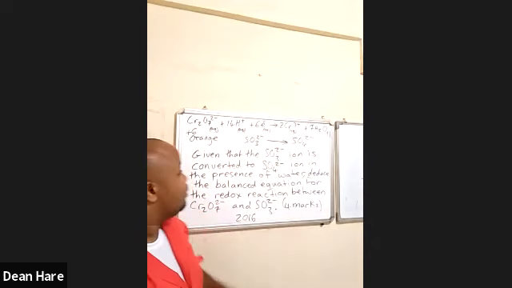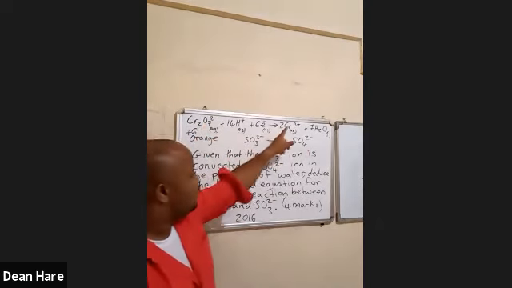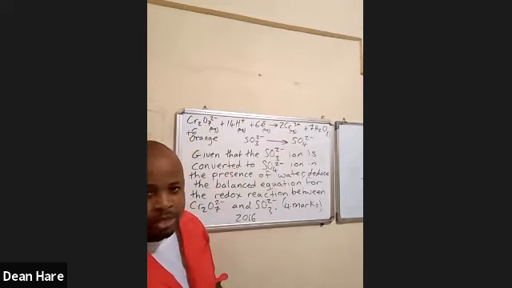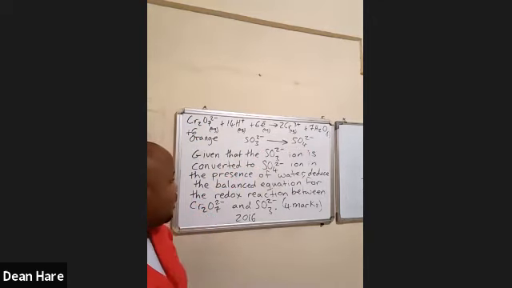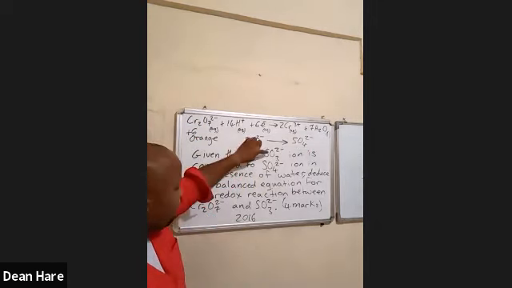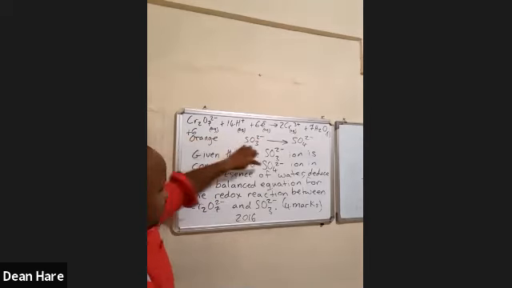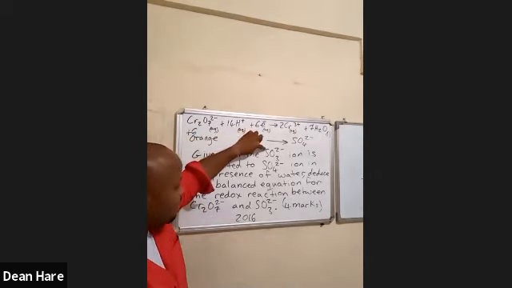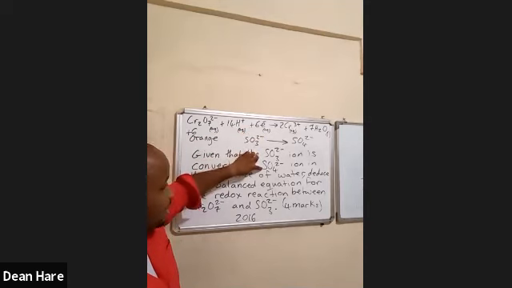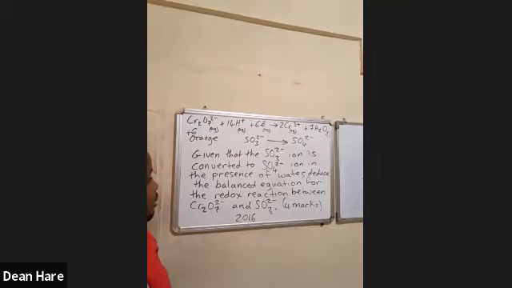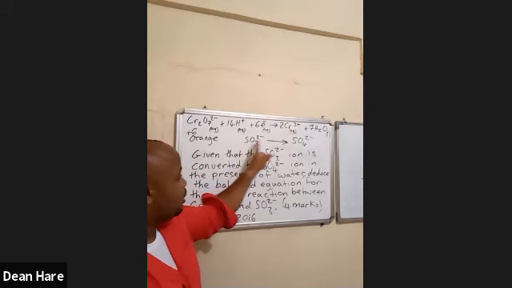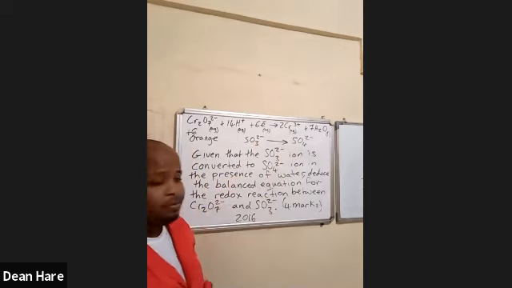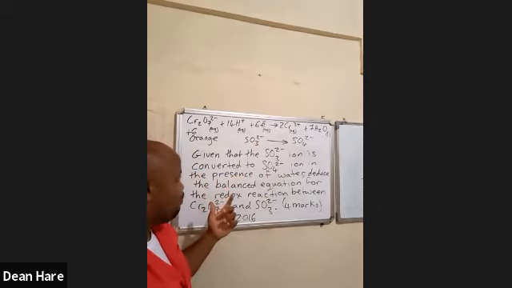So all you have to do, this is the reactant, this is the product, and then you balance the equation. So when they tell you that the sulfite is converted to sulfate, it means that this is the reactant and this is the product. So all you have to do is just balance it now.